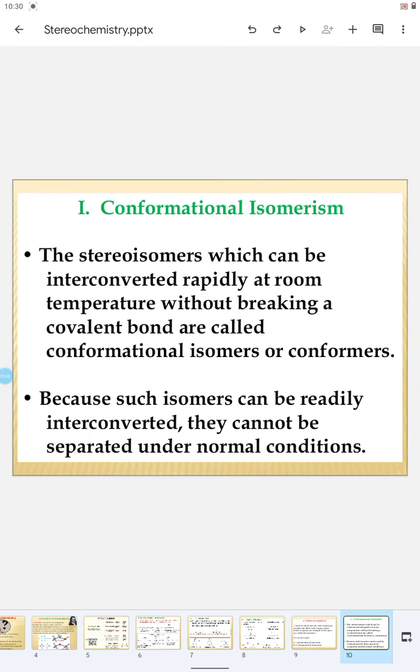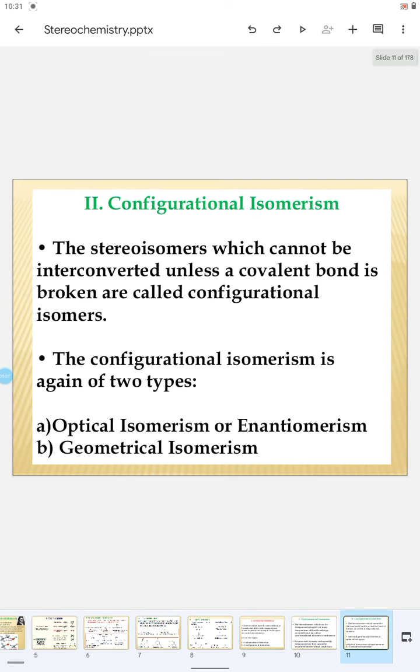Conformational isomers are stereoisomers which can be interconverted rapidly at room temperature without breaking a covalent bond. Because such isomers can be readily interconverted, they cannot be separated at normal conditions. Whereas configurational isomers cannot be interconverted unless a covalent bond is broken.